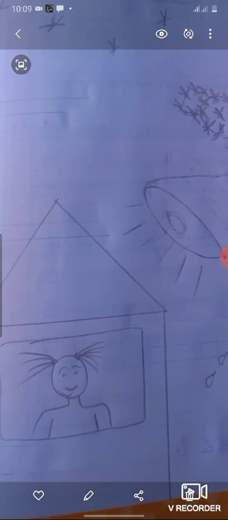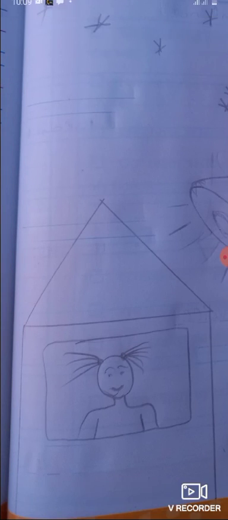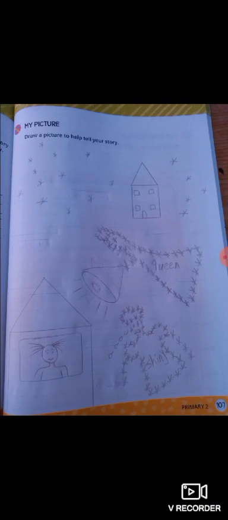Look, this is Noor in her home on the earth. And this is the constellation of Princess Shiny. She's like a girl with a crown, and she is crying. Look at her crying.